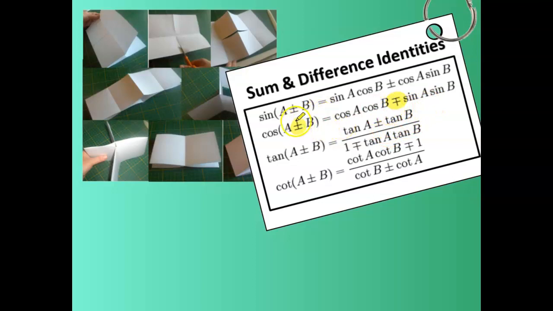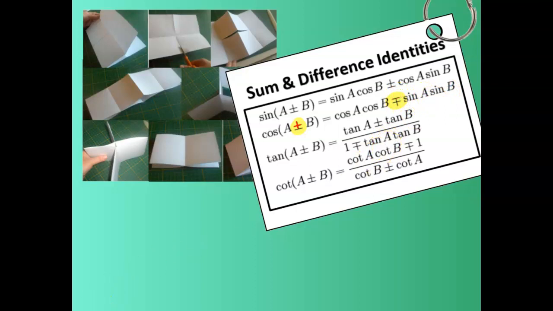So what this means is that if the identity that we're using is the cosine of a plus b, then we're going to use the minus sign when we evaluate the other side: cosine of a times cosine of b minus sine of a sine of b.